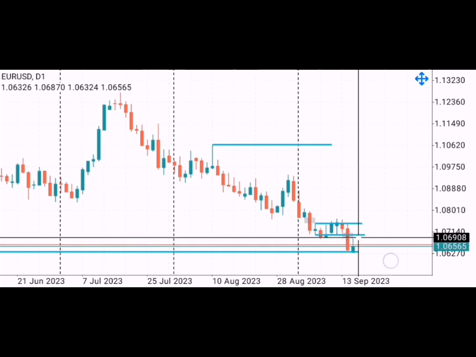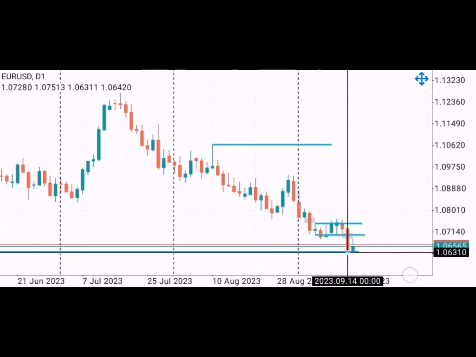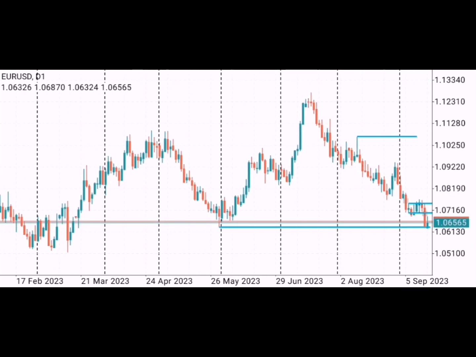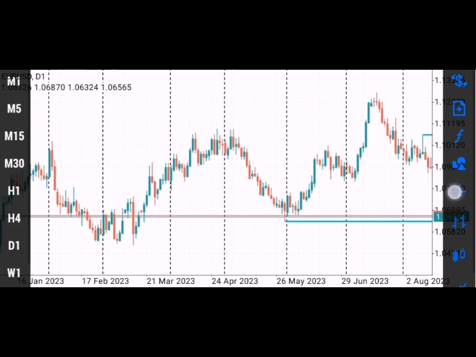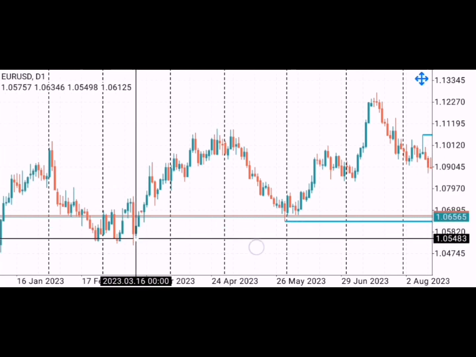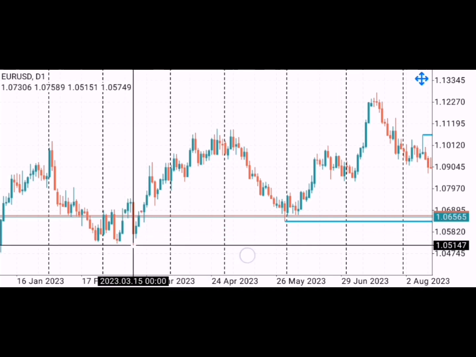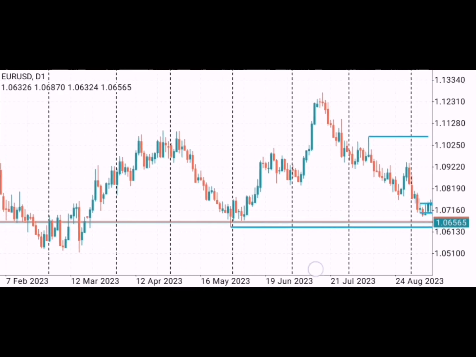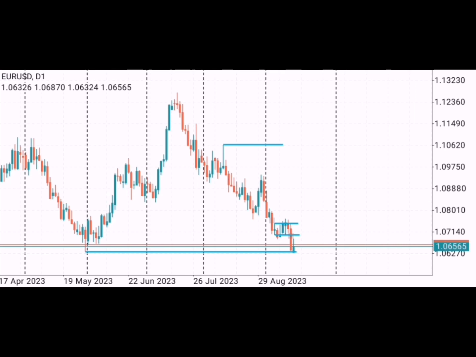Price could simply trade between those and then begin to seek lower prices further, trading potentially into these levels over here, these wicks over here, or simply taking out this low. So that is another scenario that can play out in this market.